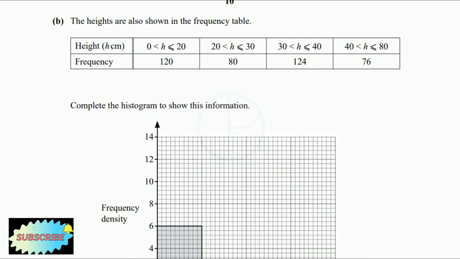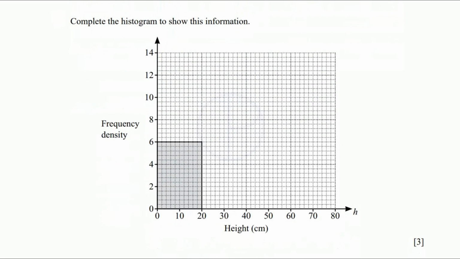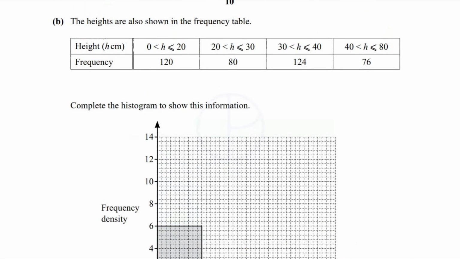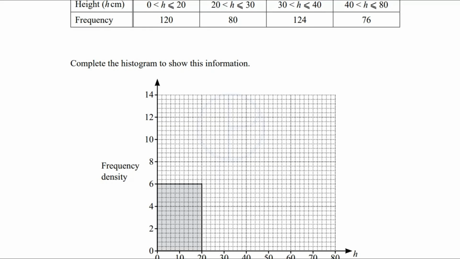Next, the heights are also shown in the frequency table. Complete the histogram to show this information. So the frequency density is drawn for the first value, which is 6: 120 divided by 20 minus 0 is 120 divided by 20, which is 6.